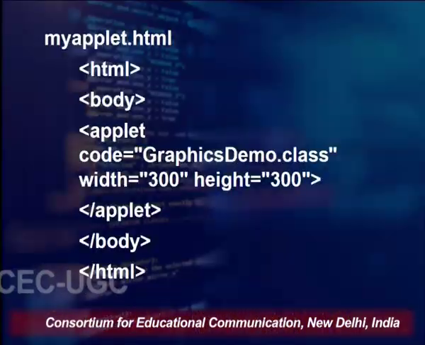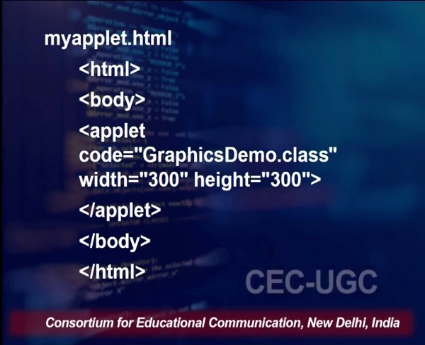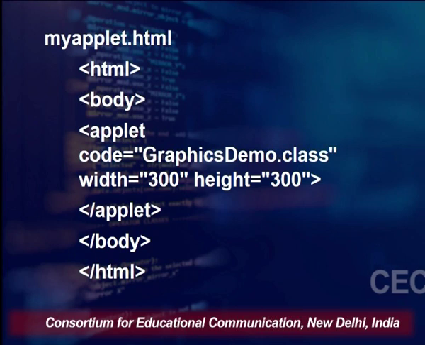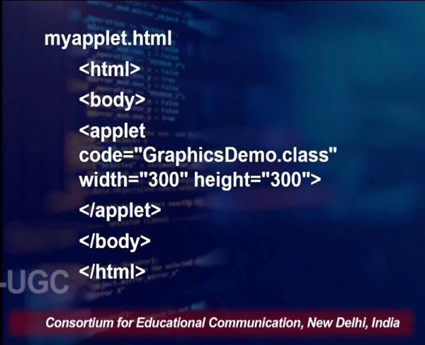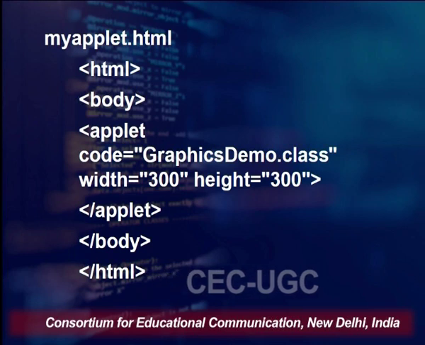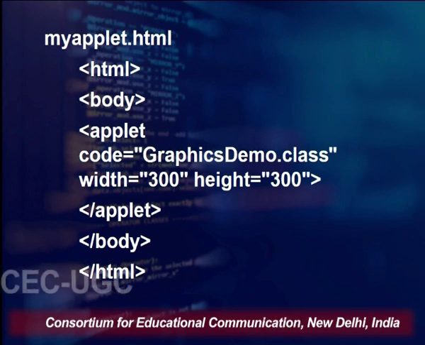So, there is an HTML file, the code for which is being displayed on the screen. Within the body there is an applet code, which I have also told you about in the previous slides at the starting of this lecture. So, applet code equals GraphicsDemo.class and the specification of width and height.